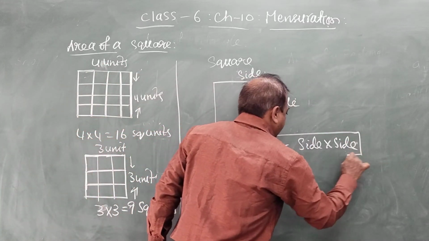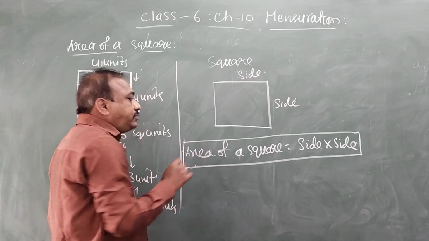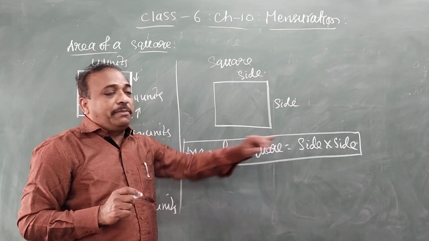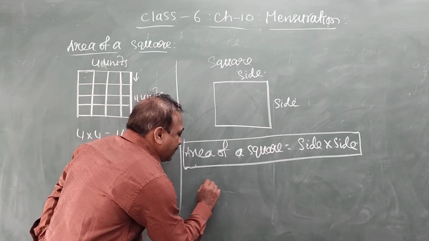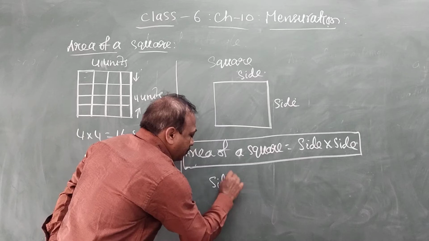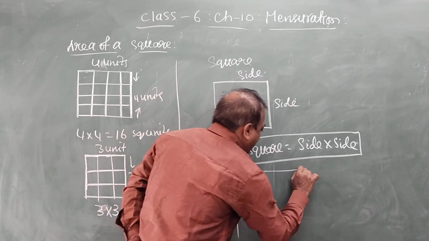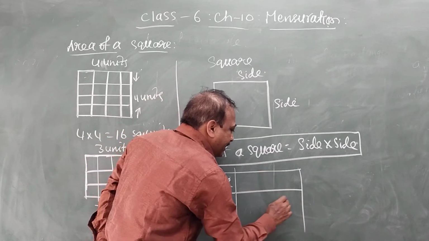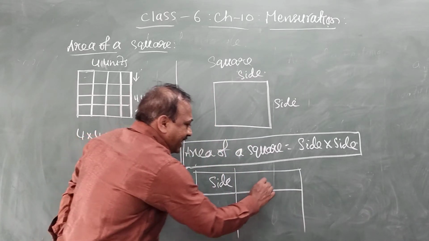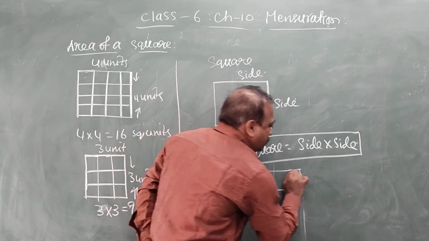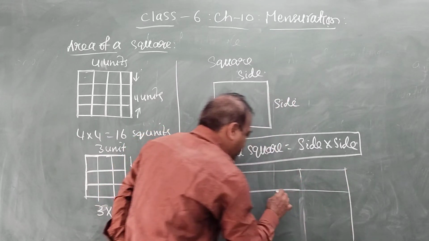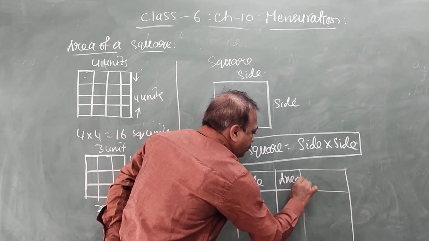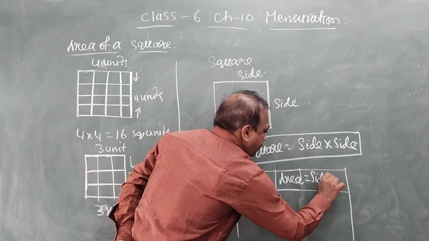To find the area of a square, we multiply the side with itself, then we get the area of the square. Area is equal to side into side.